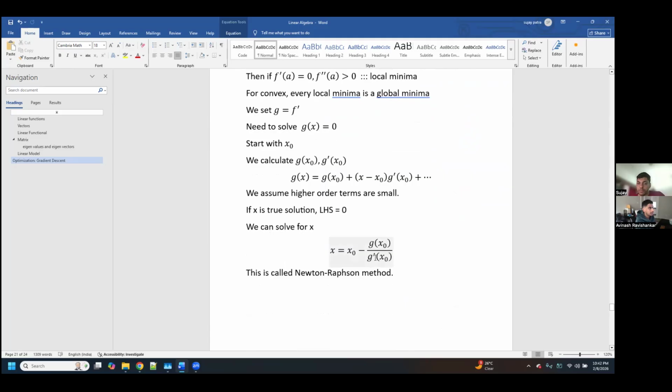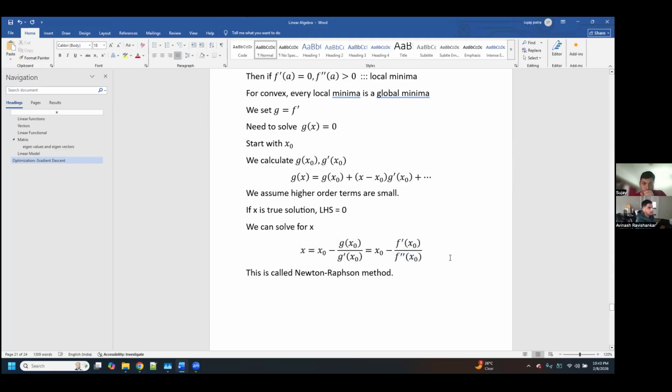Now this g prime is actually f double prime. You agree to that? So let me write this in terms of f. This will be f prime of x naught divided by f double prime of x naught.